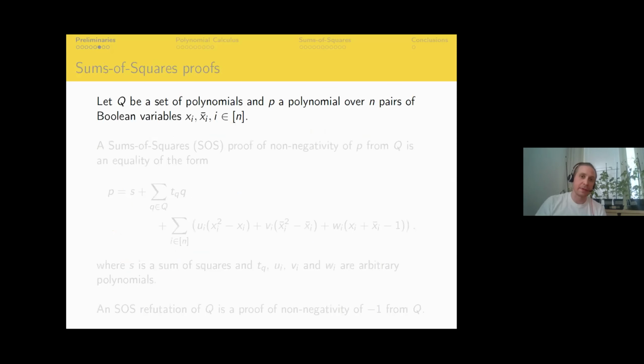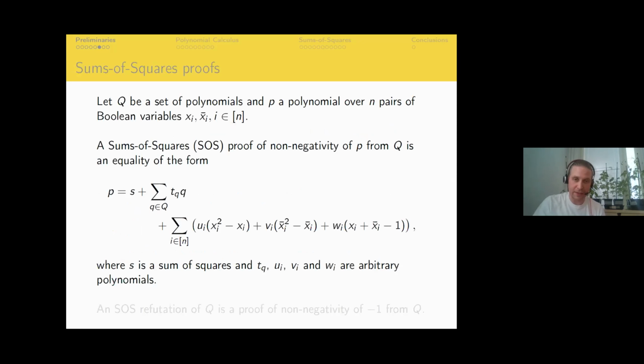Sums-of-squares proofs, on the other hand, form a completely static proof system, but a rather strong one. A sums-of-squares proof is just a sum of squares plus multiples of the given axioms and the Boolean axioms.